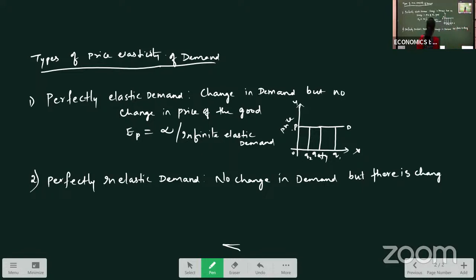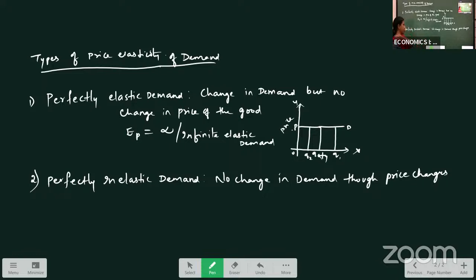Or you can write it as no change in demand, though price changes. Why no change in demand? I'm saying inelastic.